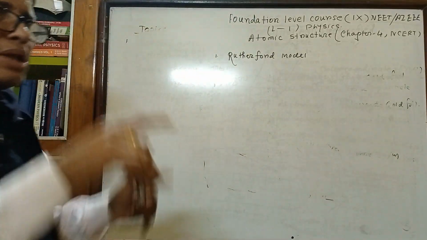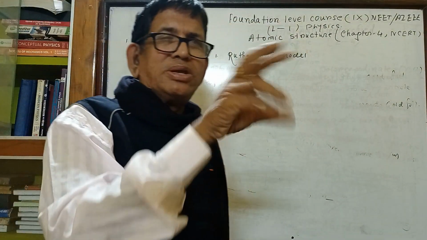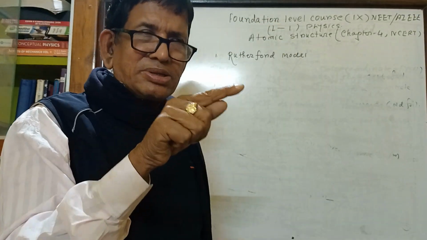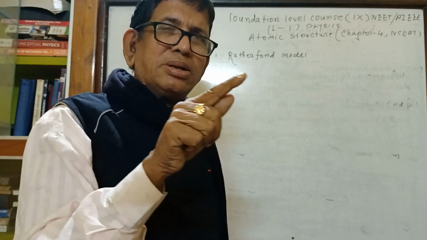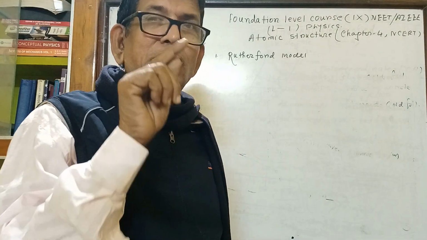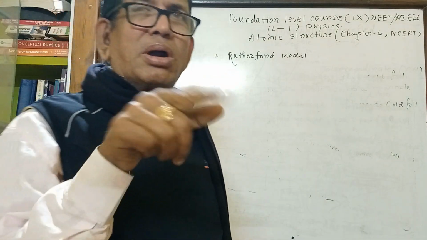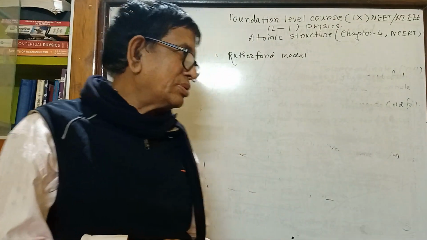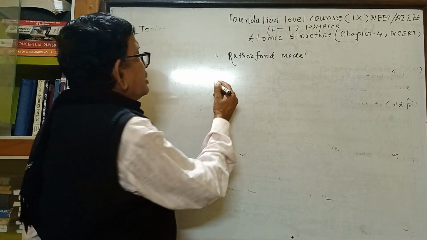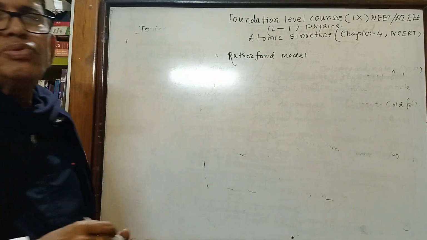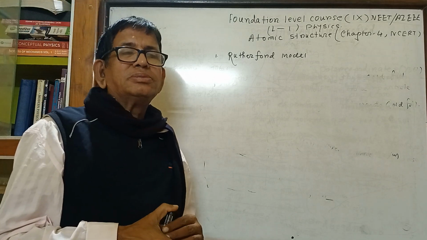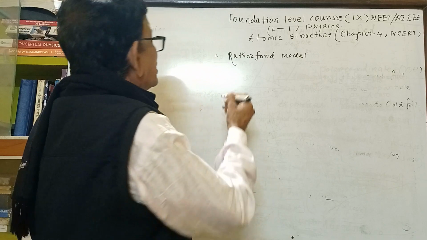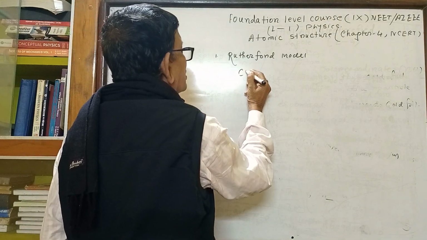First, I have told you the atom has maximum space empty, and a middle portion that is heavy, a high dense zone, the nucleus, having protons and neutrons. But the neutron was discovered in 1932 by Chadwick, not by Rutherford. If we accept the Rutherford model, Rutherford could not explain the stability of the atom.